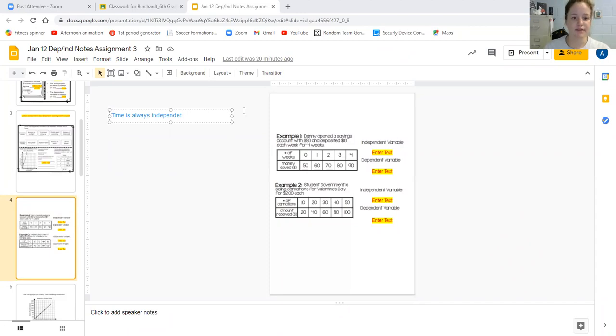It's independent, if I can spell correctly. Okay, and we said money is always going to be what, guys? Camden? Dependent. Very good.